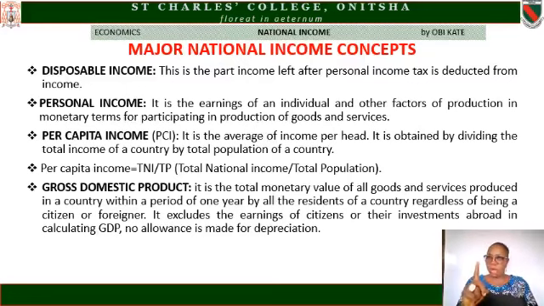That is disposable income. Personal income is the earning of an individual and the other factors of production in monetary terms for participating in the production of goods and services.